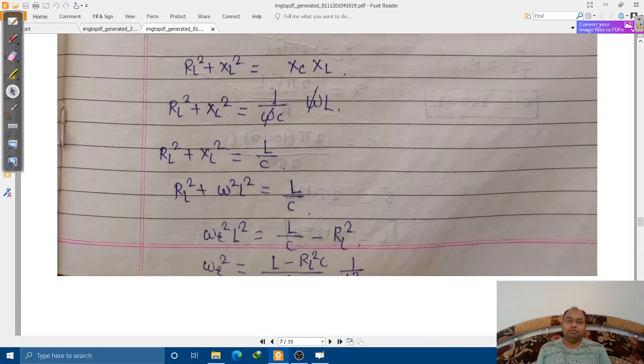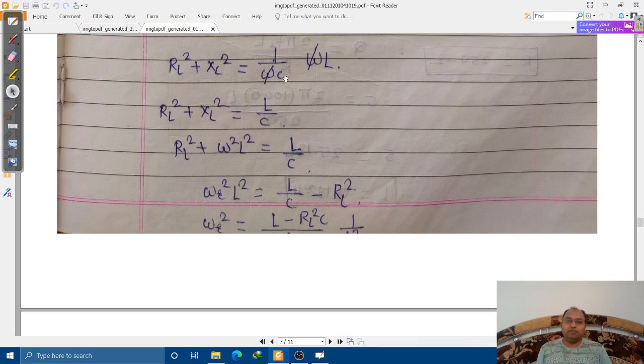So this is the only term after L by C. These are the remaining terms. L by C is as it is, and the left hand side is nothing but RL square plus XL square. Now instead of XL we are going to put omega L. Therefore RL square plus omega square L square is equal to L by C. We need to keep omega on one side, so let us transfer this to the right hand side.